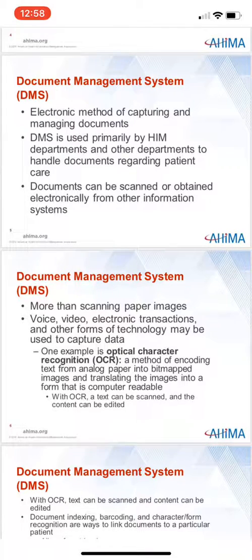These indexing tools allow the user to locate and retrieve a specific patient's health record, a specific encounter, and even a specific document through the use of indexing by entering search criteria into one or more of the index fields. The user is then able to view the desired document as well as print, fax, or use another method of transmission. The purpose of the DMS is not to eliminate paper, but rather to manage documents.